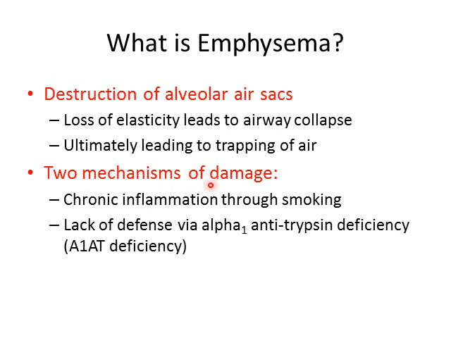This occurs through 2 different mechanisms. I want to emphasize here, and David will probably talk about this a little bit more, that in chronic bronchitis we saw it was highly associated with smoking. Emphysema is also highly associated with smoking, but these patients can also be non-smokers, and you'll scratch your head and wonder how they got emphysema if they didn't smoke. It's because of the second mechanism here.